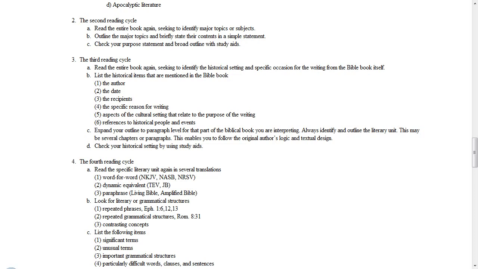Now, when you're checking the historical setting, go ahead and grab an encyclopedia. Plenty of study Bibles have in their introductions the historical context, and all these things play a big part in hermeneutics. They're very, very important to know, because you have to know the culture, the historical setting, and the author's purpose.